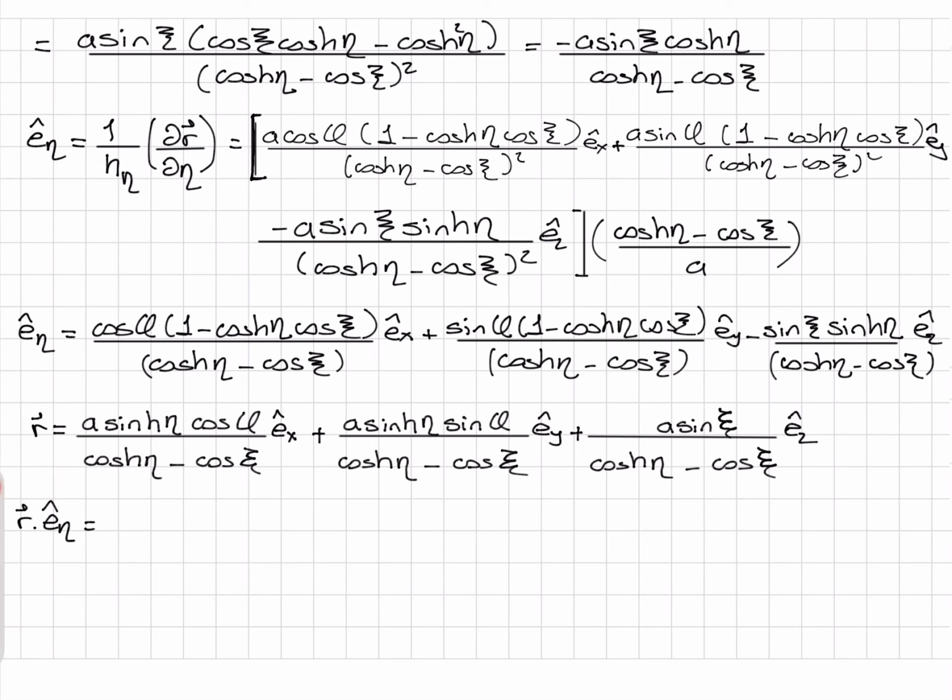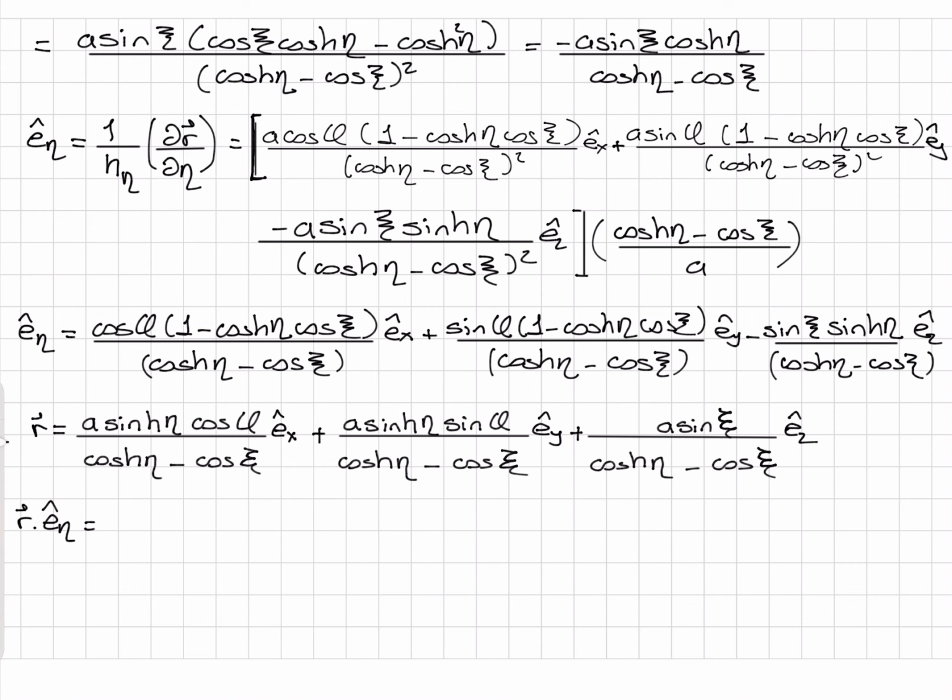So for the x components, we have a sine hyperbolic eta, a cosine square. So we're going to get a cosine square phi multiplied by this. And then we will have, for the y component, sine square phi, a sine hyperbolic eta multiplied by this. So we can write both of these terms with this parenthesis.